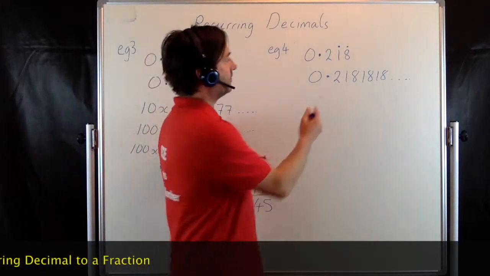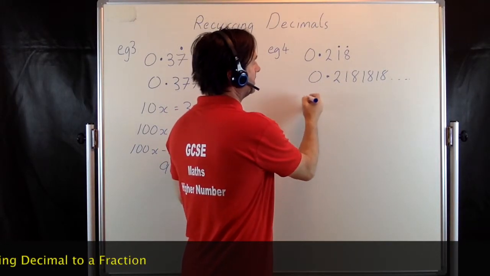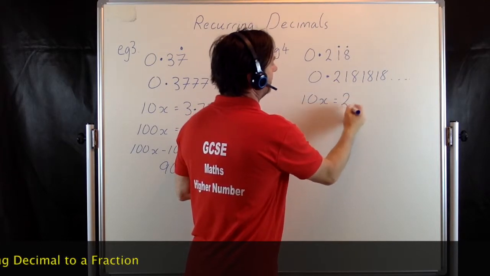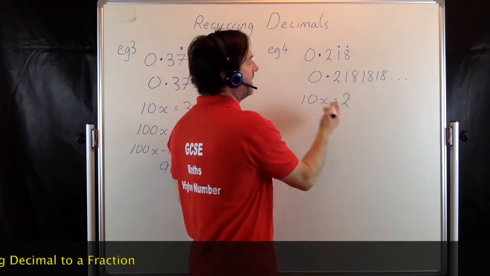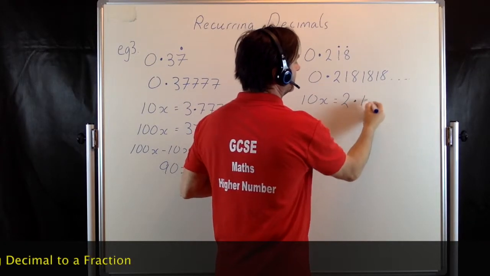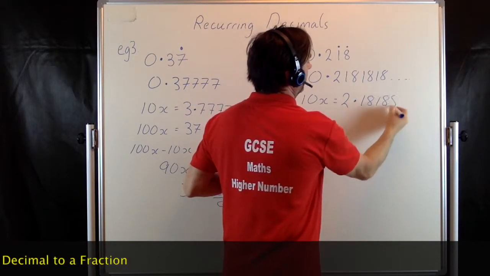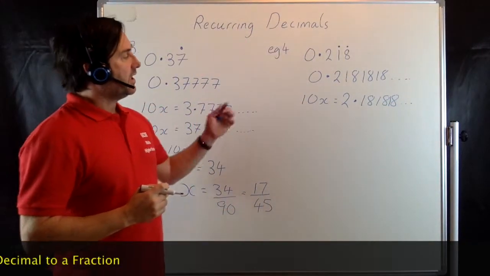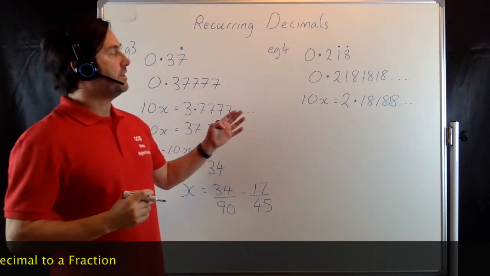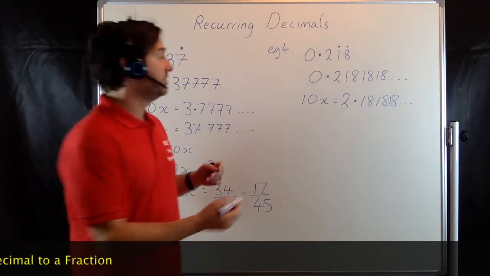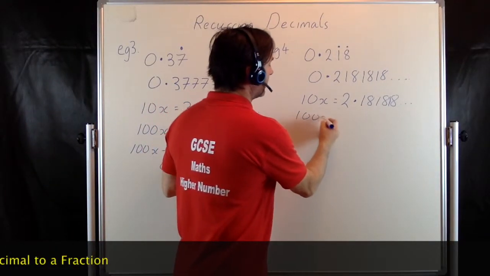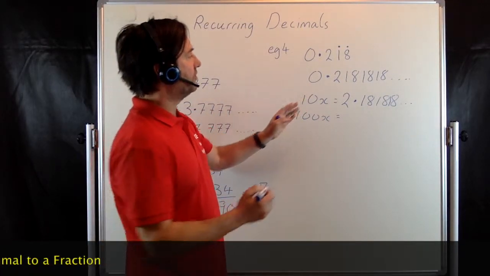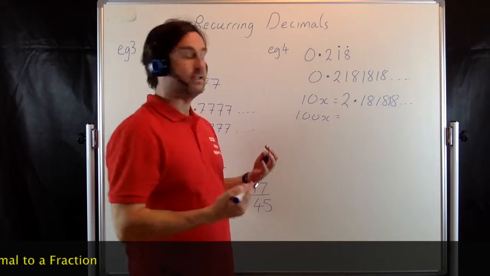So what I could do first of all here, I can multiply this again by 10x. So 10x is going to give me, shifting the digits one place to the left, 2.181818 continuing on. If I then multiply it this time by 100, like I did last time, let's see what we get. If I multiply it by 100, I'm moving the digits 2 places to the left.